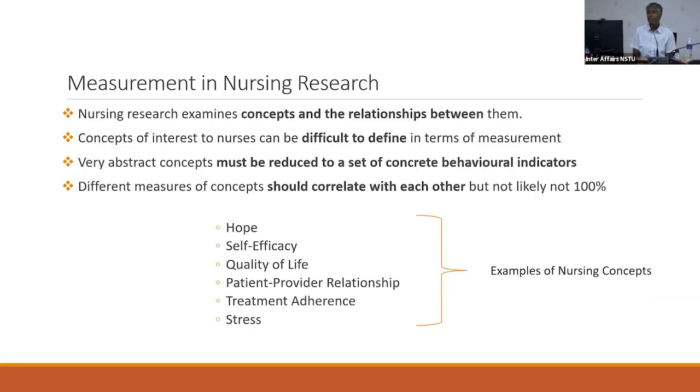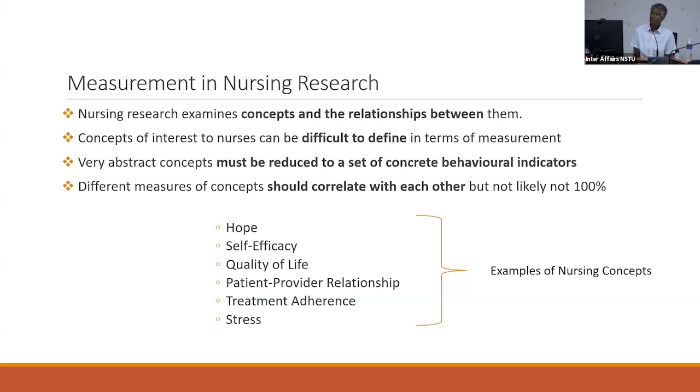When we think about measurement in nursing research, it's very different than measurement in biomedical research, for example. Measurement of things such as height and weight are objective and can be measured consistently using standardized approaches.